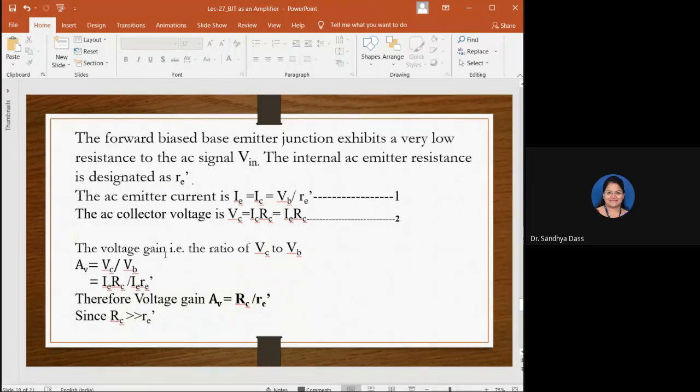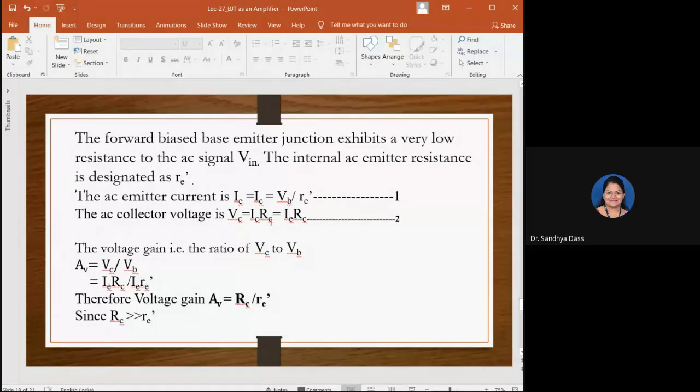Now we know the definition of voltage gain. What is the voltage gain? It is the ratio of output voltage to input voltage. So the output voltage is VC, the input voltage is VB. So it is the ratio of VC to VB. Substitute there, AV is your voltage gain, the ratio of VC by VB.